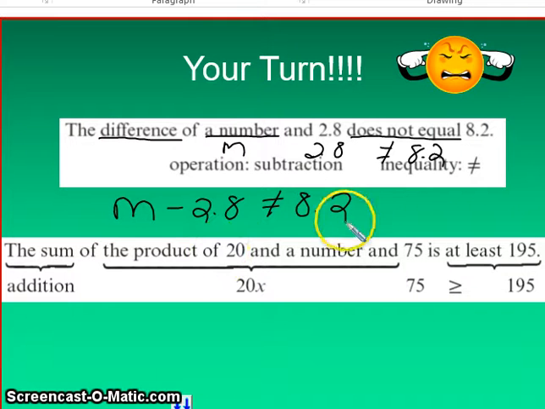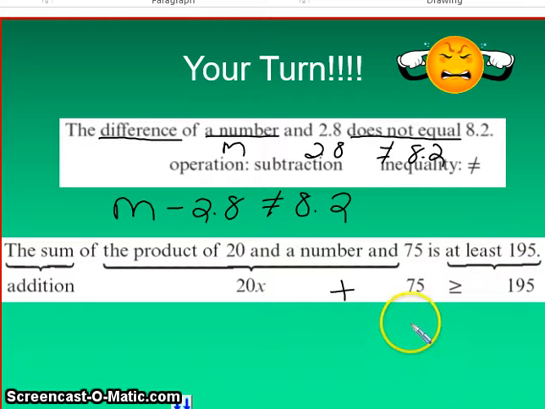So there's our inequality. Now this next one says the sum of the product of 20 and a number and 75 is at least 195. Now notice that we've got sum, so that tells us we need to do addition. We've got the product of 20 and a number, which tells us we need to multiply 20 times a number, so 20x. And 75, so we're going to add that, 20x plus 75. And then it says is at least.